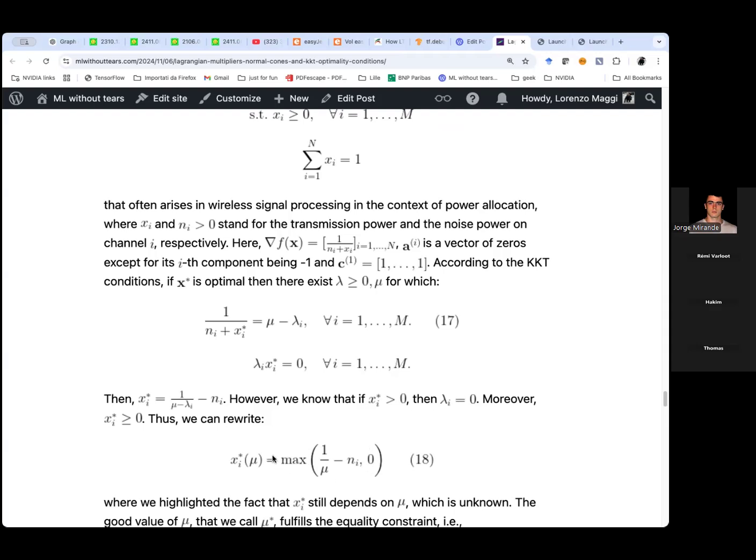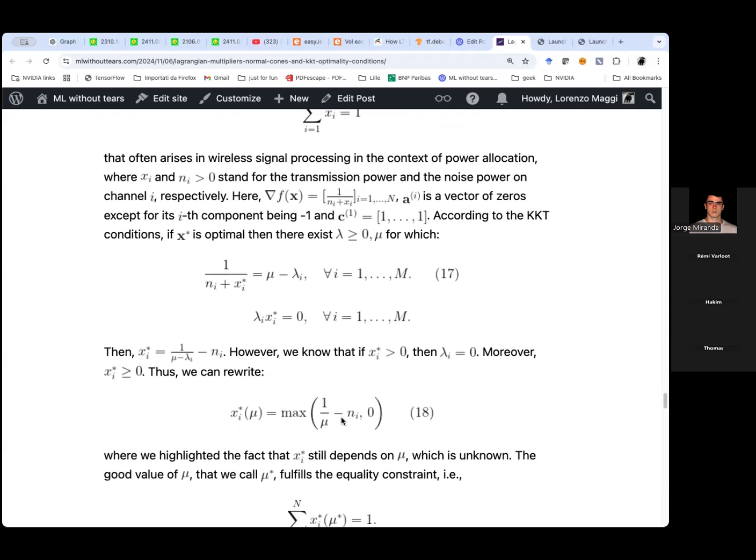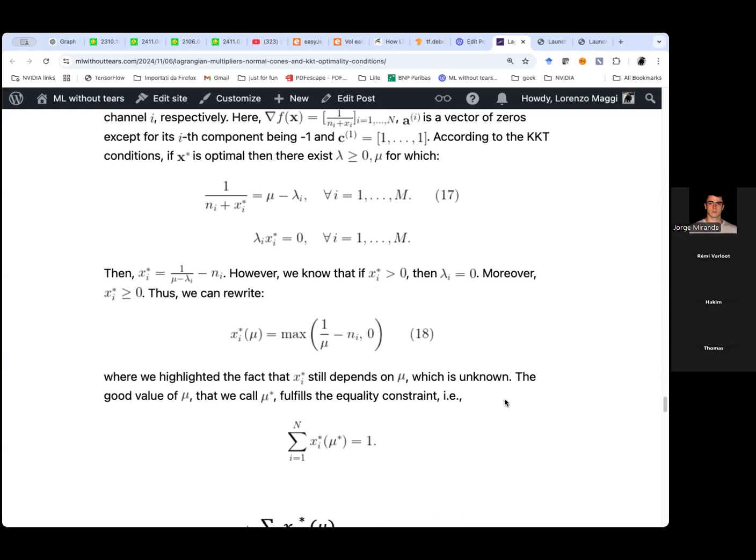So we are left with this x equal to this expression. But it's not yet the optimal. This is the optimal depending on the value of this multiplier, so we cannot really do much about it. There's this mu that we don't know. However, and this is where the creativity comes into play, KKT do not provide you with a method that you can just apply, but they provide you with some intuitions.